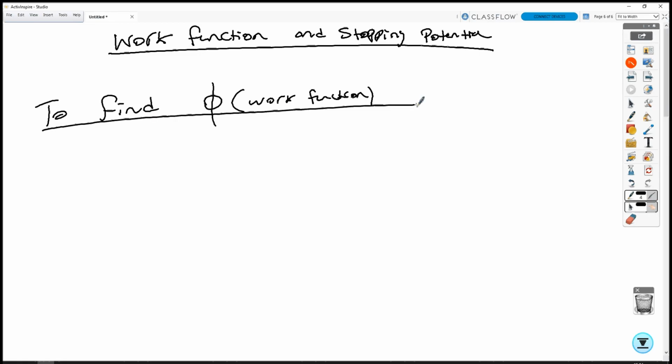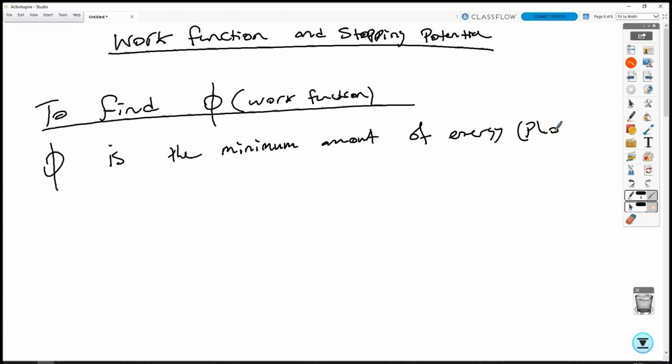The work function is defined as the minimum amount of energy required to liberate a photoelectron. So phi is the minimum amount of energy from a photon to liberate a photoelectron.